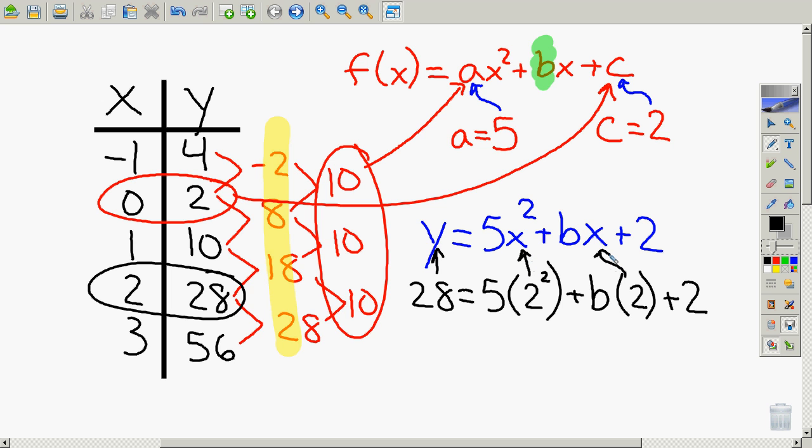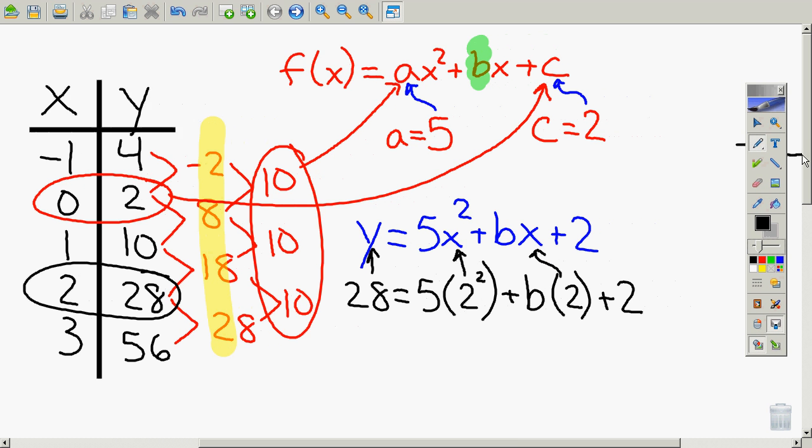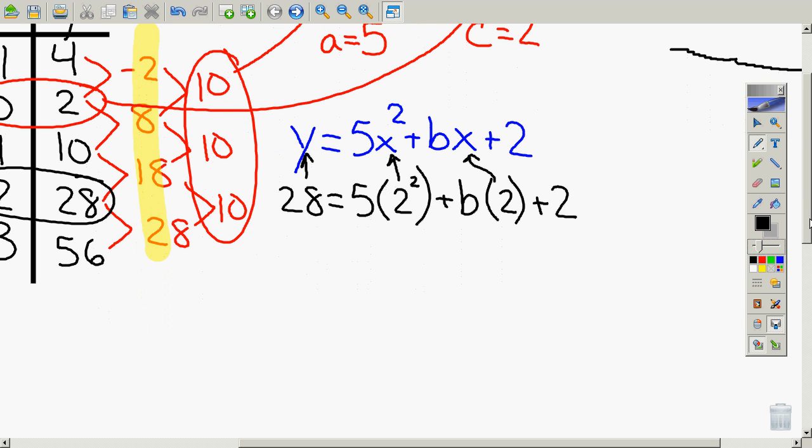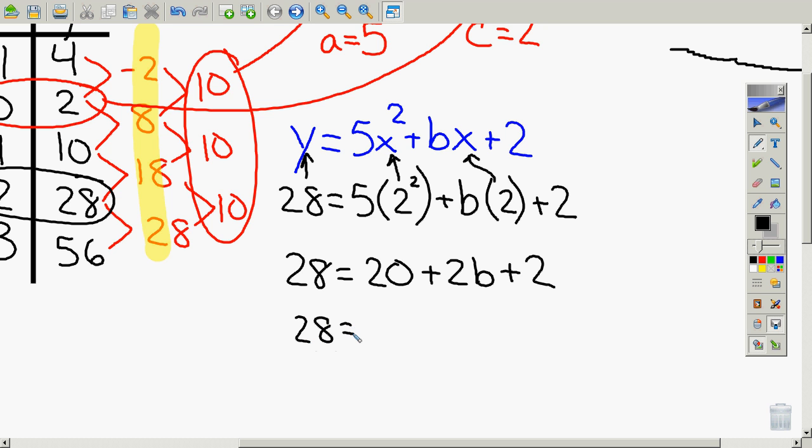All right, now we can clean this up a little bit. What this really means is we could write 28 equals 2 squared is 4, and 4 times 5 is 20, plus 2b plus 2. Then we can combine like terms and say 28 equals 22 plus 2b.